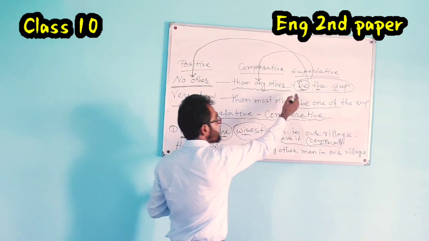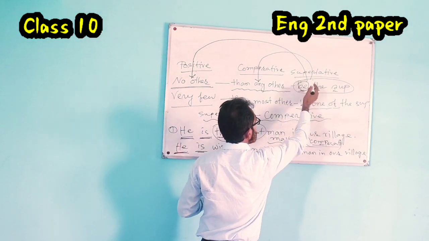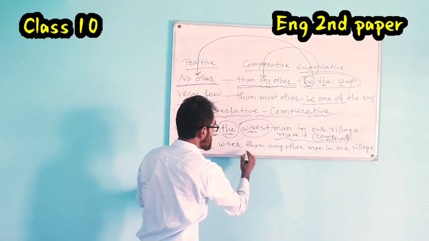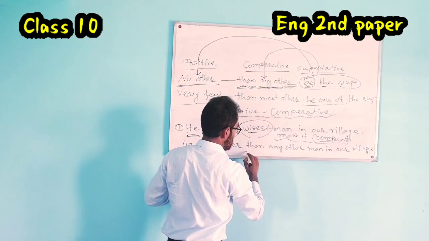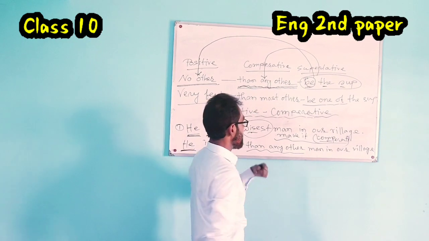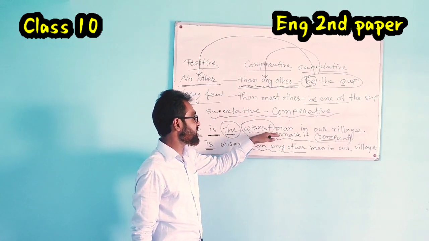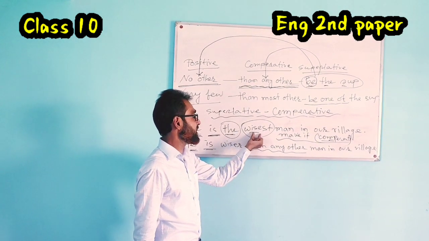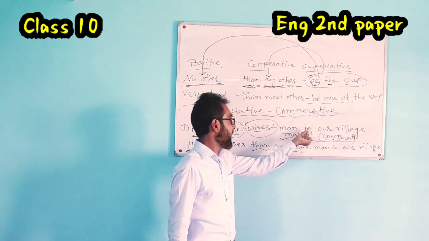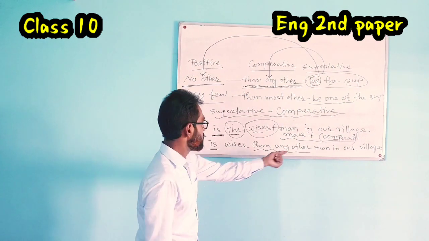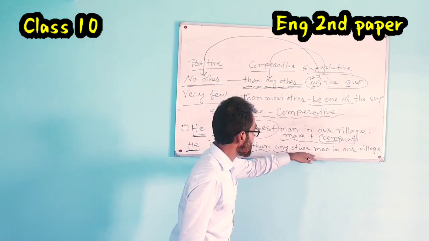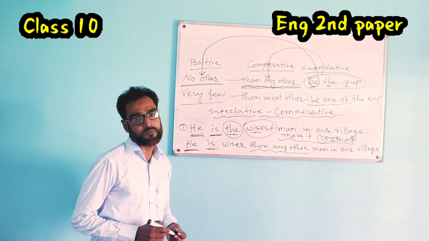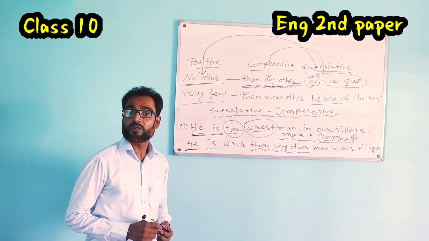Since this is a sentence with "be the" plus superlative, if we want to transform it, we need "than any other". After that we need the last portion of the sentence after the superlative form, here man in our village. So after "than any other", man in our village. That is a comparative degree from superlative.